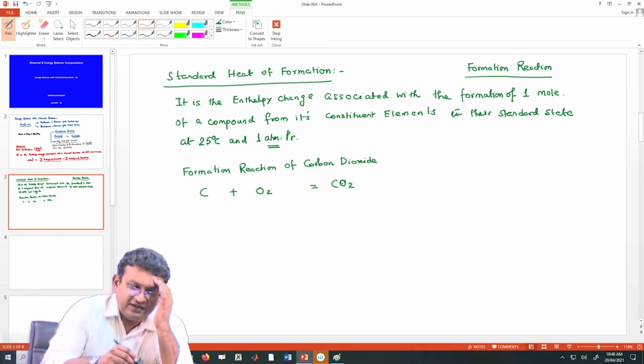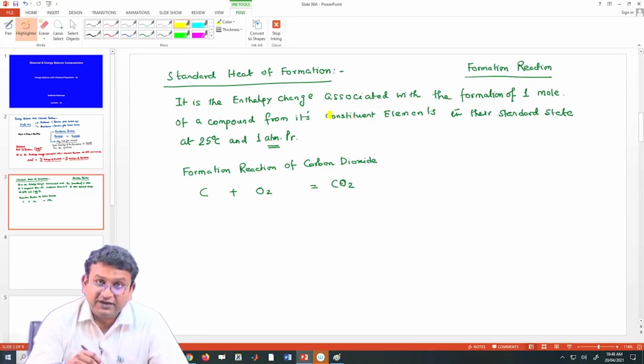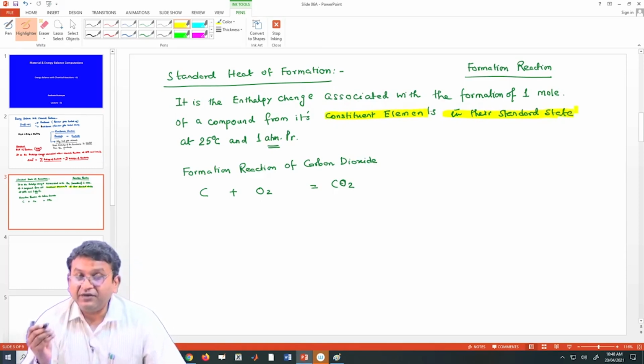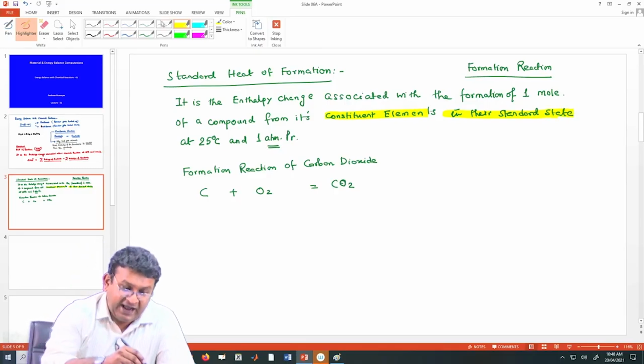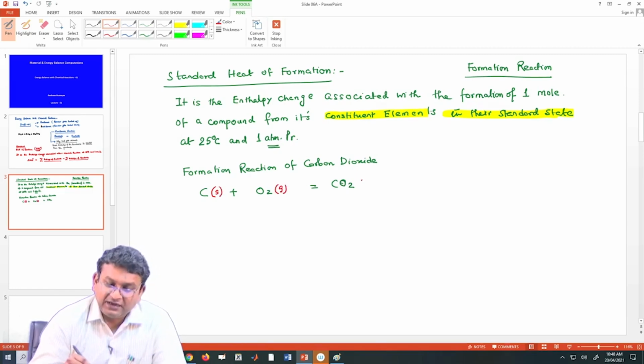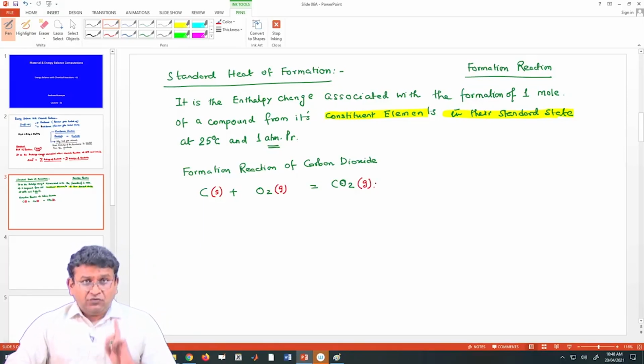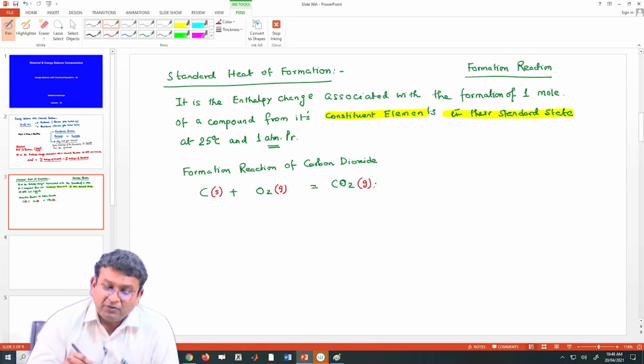Why? Because there is a rider or specific condition for a reaction to be considered as a formation reaction. The constituent elements must be in their standard state. So, this is very, very important, and in order to write a formation reaction, you must specify that carbon must be solid, oxygen must be gas, and carbon dioxide also must be gas.